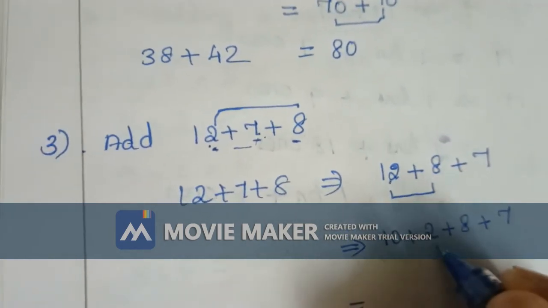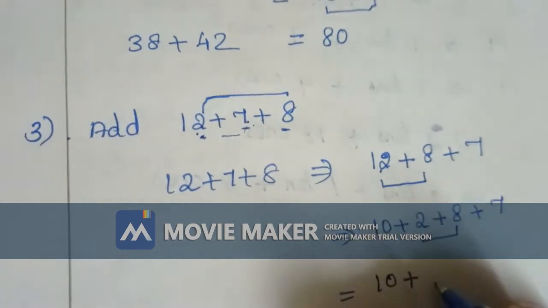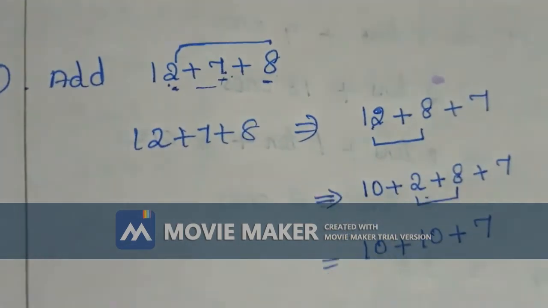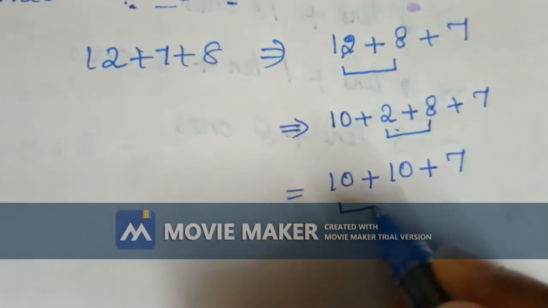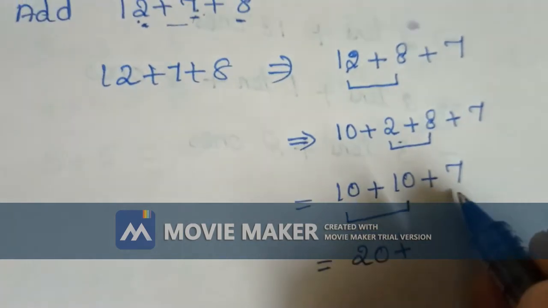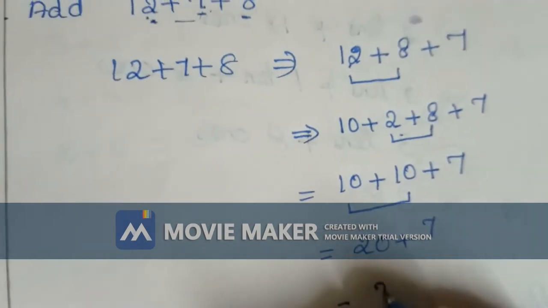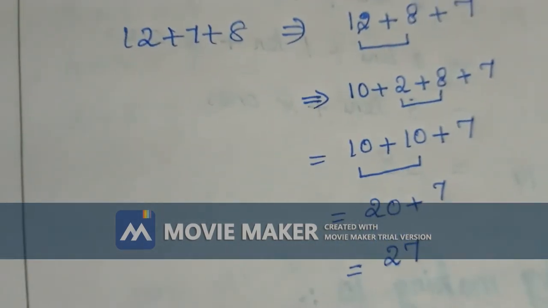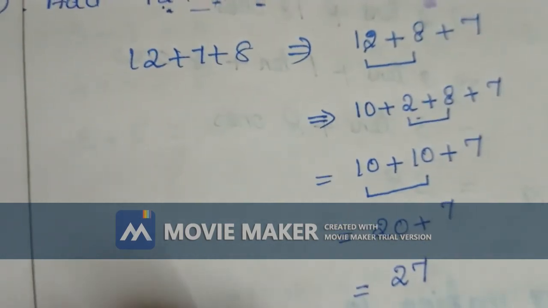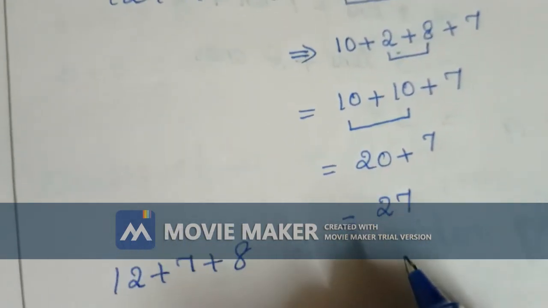Then next you have to add these two numbers, 10 plus 10 plus 7. Then add 10 plus 10, which gives us 20, plus this remaining number 7. At the last we get the answer 27. So 12 plus 7 plus 8 gives us 27.